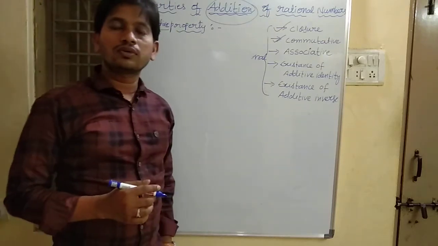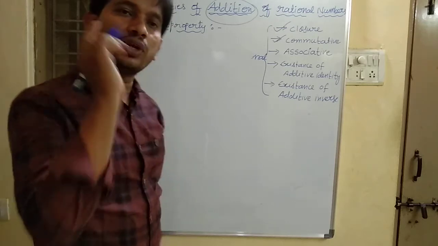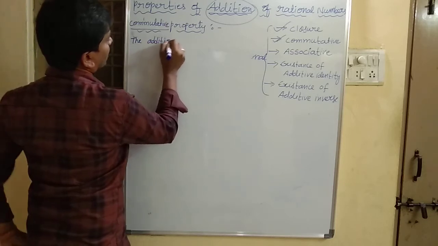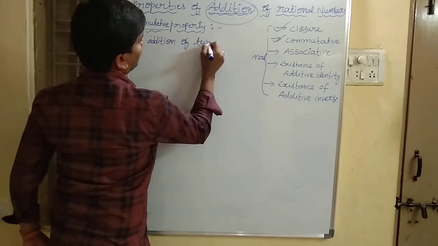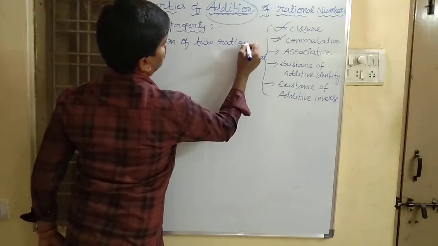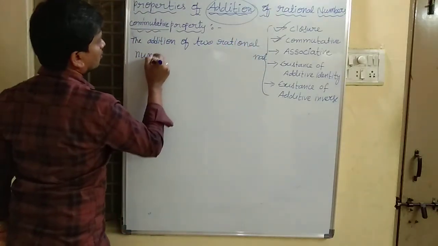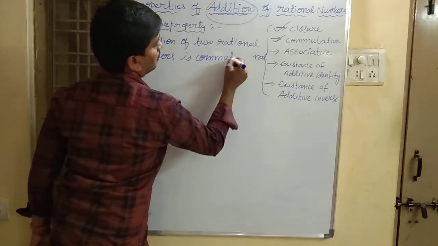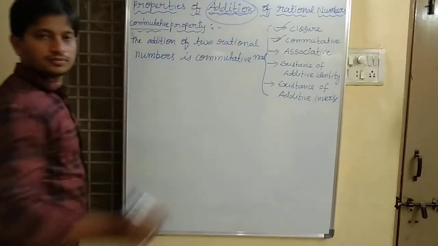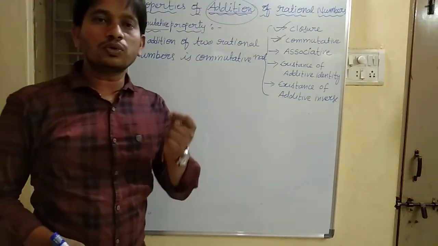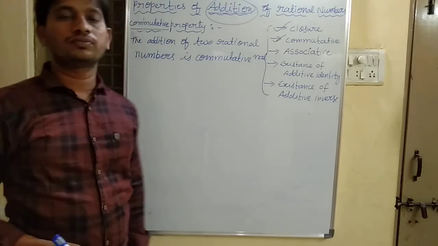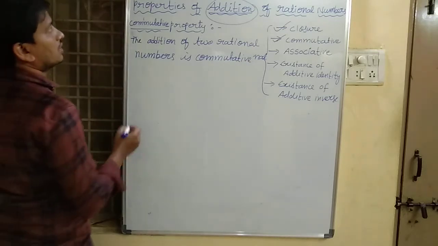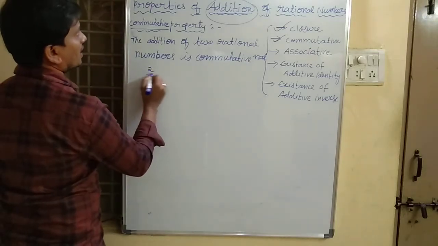The addition of two rational numbers is commutative.